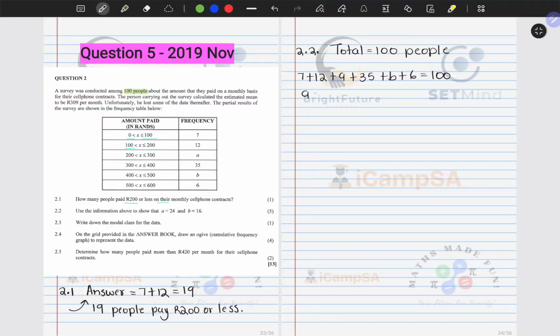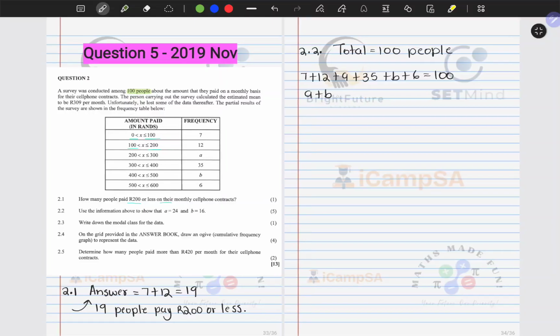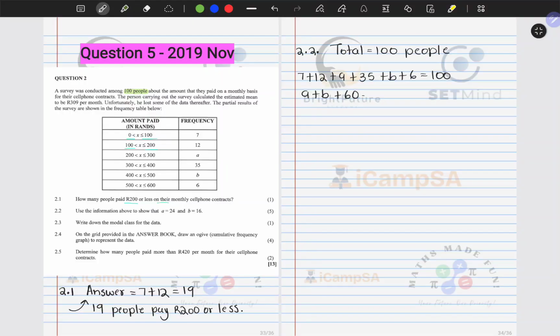Now, if you observe carefully, that ends up giving you A plus B. I'm just going to combine all the other numbers, which is 7 plus 12 plus 35 plus 6. That becomes 60. So this is plus 60, which is equal to 100.